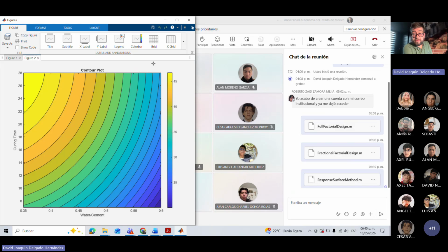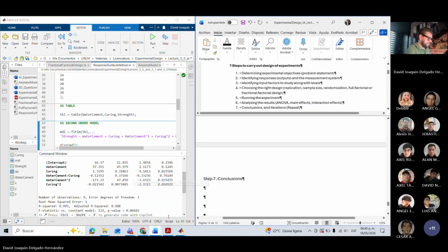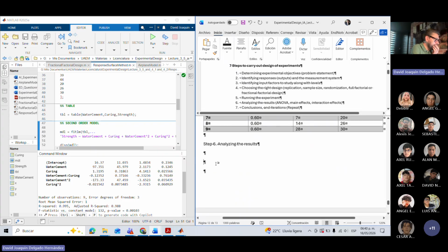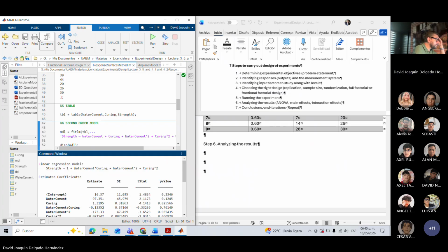You are going to have these figures. So let us analyze the results. That is step 6.